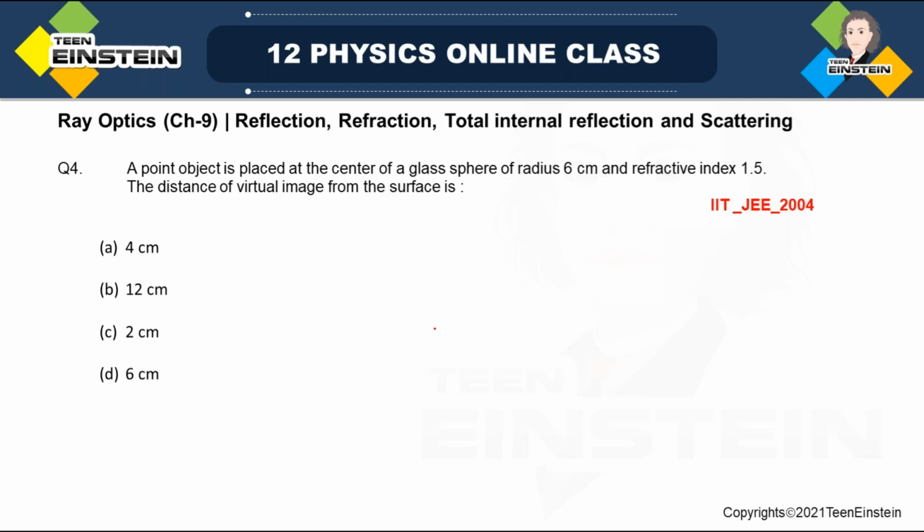Now this radius R is 6, and the refractive index of the glass is given, a mu g, as 1.5. So what is the distance of the virtual image from the surface?